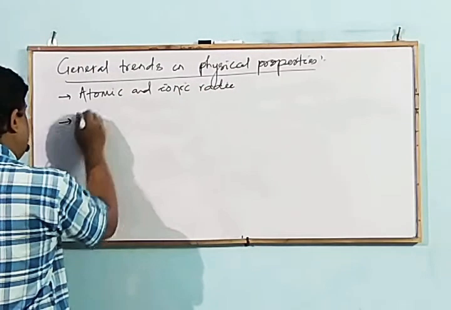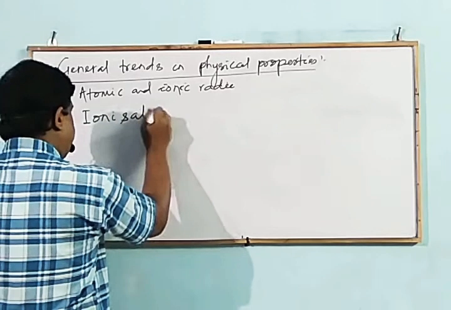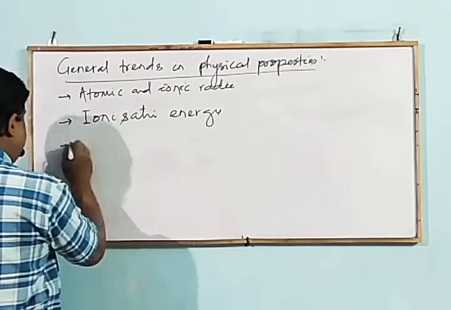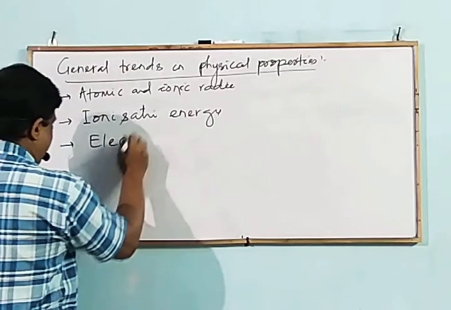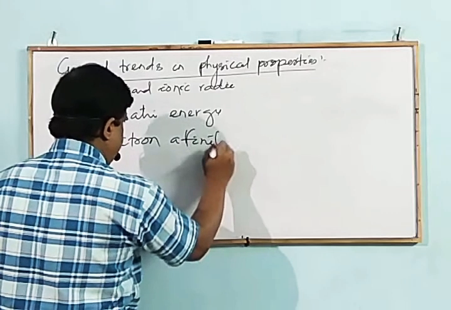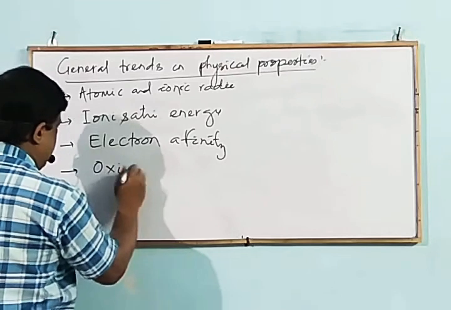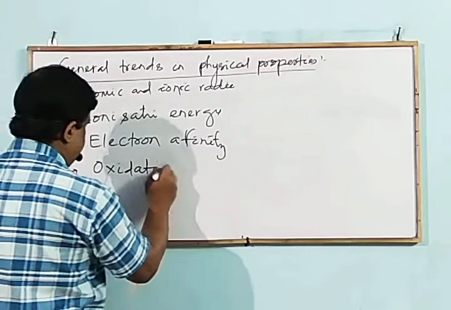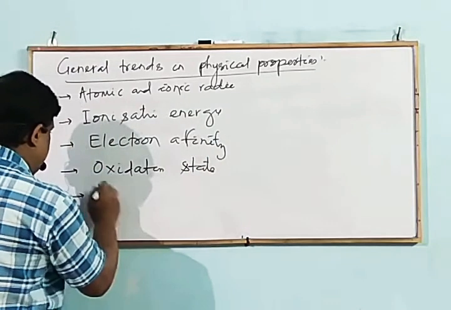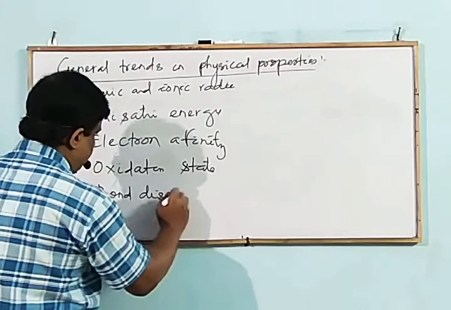Next, ionization energy. Next, electron affinity. Next, oxidation state. Next, bond dissociation energy.